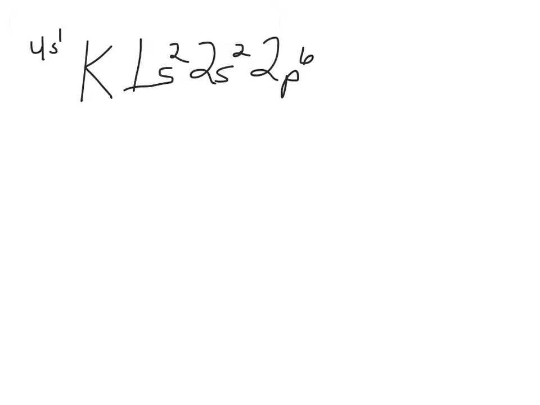And then what's next? 3s2. You're still in the third row, so 3s2, go down your alphabet formula. What's next? 3p, how many? 6. 3p6. Now you can go to the fourth period, and it's what? You're going to be in the fourth period, that's 4s, not 4s1 yet, because that's your stopping point, right?